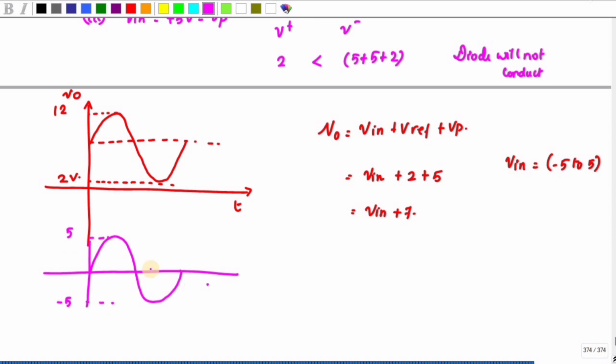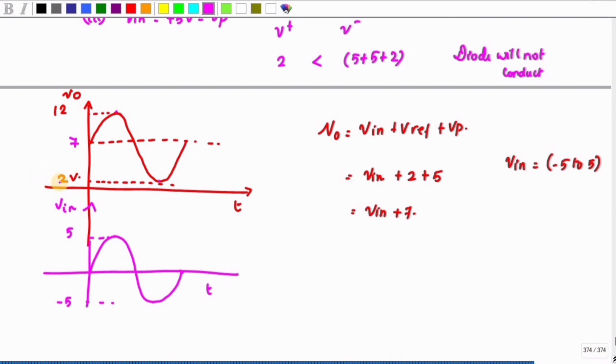When it is 5, if I substitute 5, I will get 12. When it is minus 5, I will get minus 2. If it is 0, I will get 7. You can check the rest of the values.